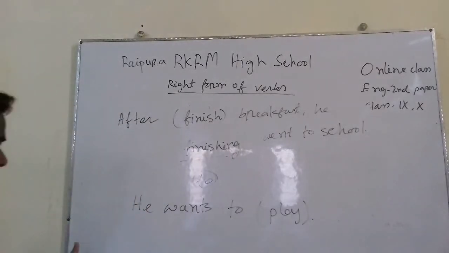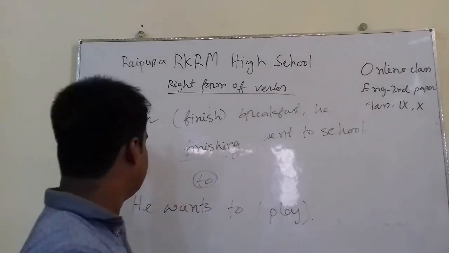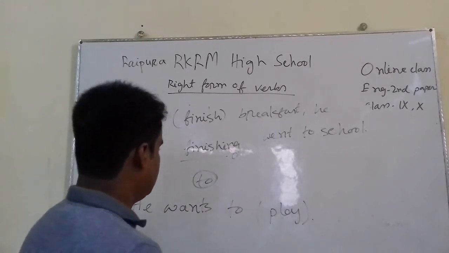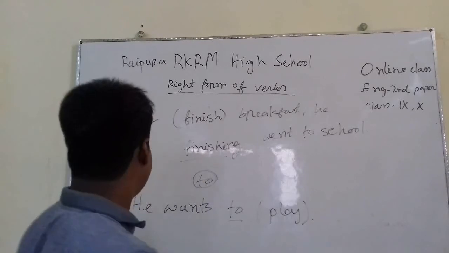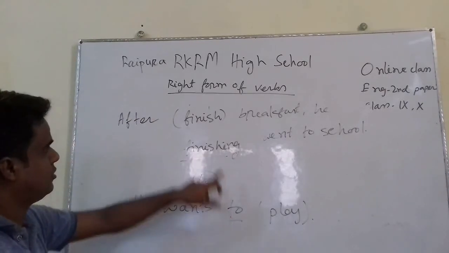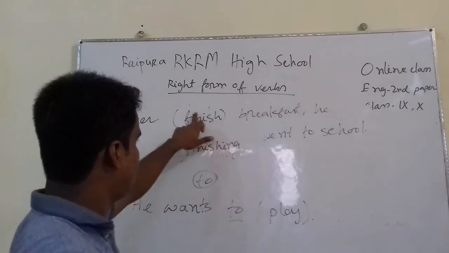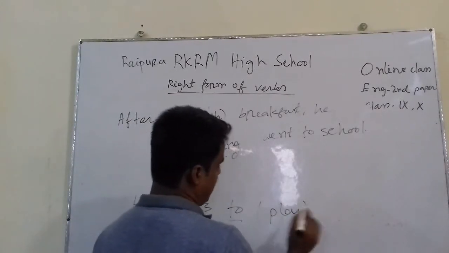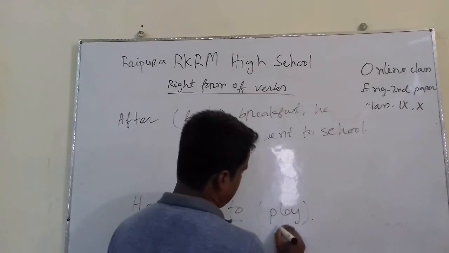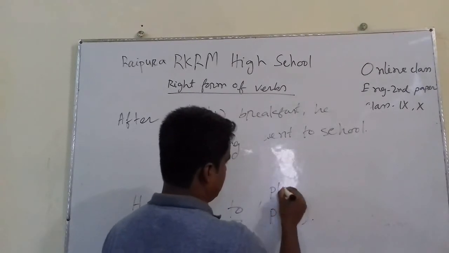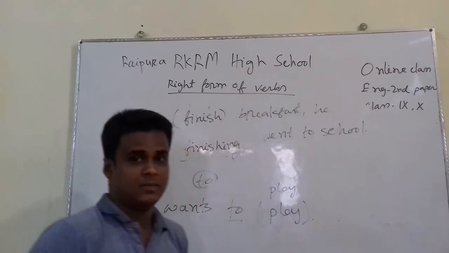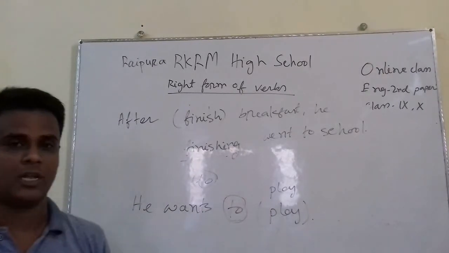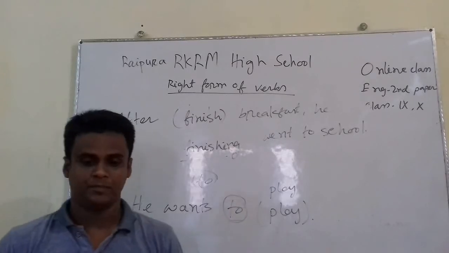I have a very simple sentence regarding this rule. He wants to play. Here "to" is a preposition, and this is a verb. Here we have used the ing form, but here we will use the main form of the verb. That means "play" remains. There will be no change after the preposition "to". I hope you understand the rule.